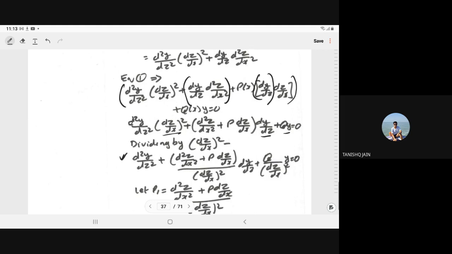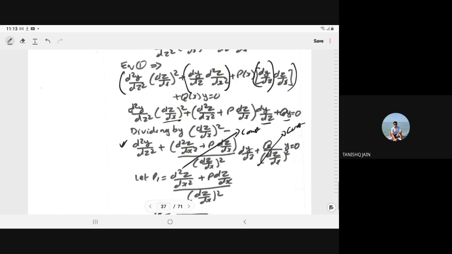Now to make a second order differential equation with constant coefficients, we have to make this a constant and this a constant. Then we will have d²y/dz² plus constant into dy/dz plus constant into y. So you have converted your independent variable from x to z in a second order differential equation with constant coefficients. Let's say this constant is p1 and this constant is q1.